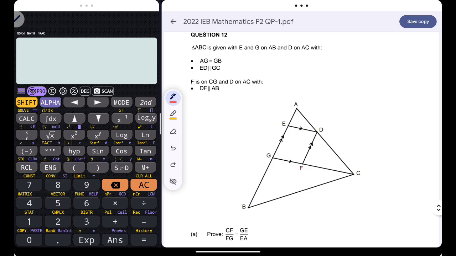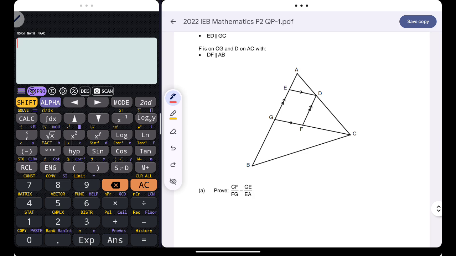ED is parallel to GC, and DF is parallel to AB. The first question, you're supposed to prove that CF over FG is equal to GE over EA.